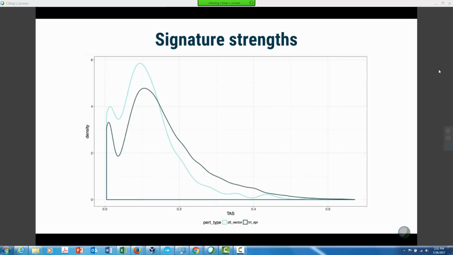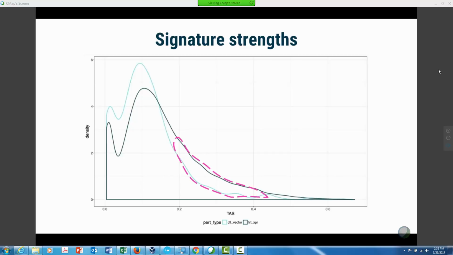Here I've plotted the TAS values, which is what the colors were in the previous plots. Similarly to what I was saying before, you can see that the non-targeting guides have an overall left-shifted TAS distribution, and the targeting guides have a slightly right-shifted one. We're particularly interested in this range, but I'll be looking at all guides with TAS values of 0.2 and above.